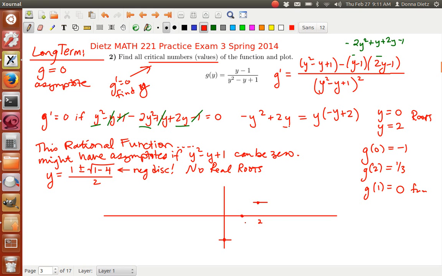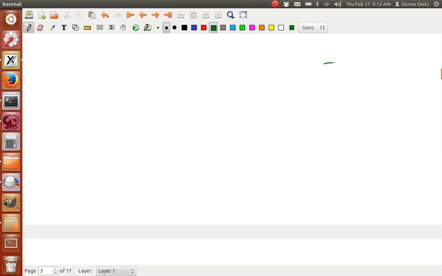Okay, so we have to start looking at the derivative more carefully here. We want to see what's going on with the numerator. Since the denominator is strictly positive, the sign of the derivative is important to us. So let's just think about plotting minus y squared plus 2y. Just for a second, let's just figure out what's going on.